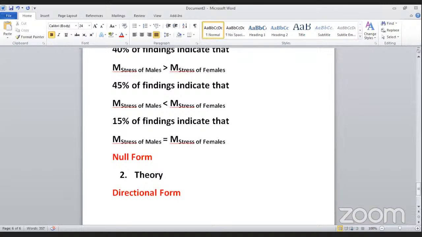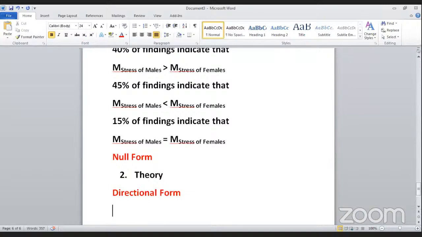So there are two bases of formulating the hypothesis. Number one base is review of related literature. And on the basis of the review of related literature, you can decide whether you should formulate hypothesis in the null form or you should formulate hypothesis in the directional form.